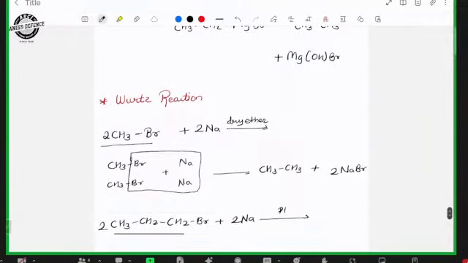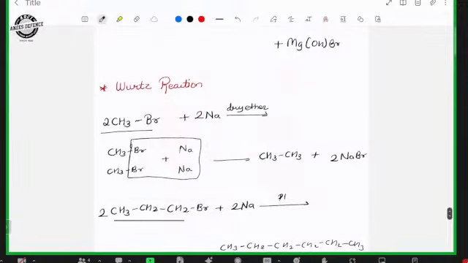The other is Wurtz reaction, or we can call it Wurtz coupling reaction. Basically, Wurtz coupling is where we couple two reactant molecules. But for coupling, we can't do it like that only. For that, we need a catalyst, and basically for the catalyst we use a metal.